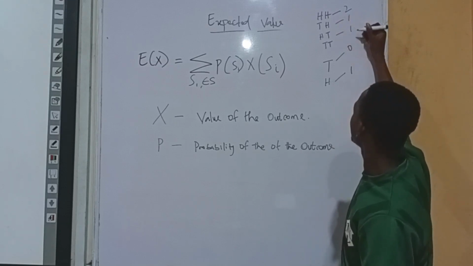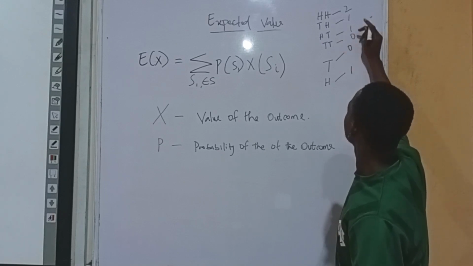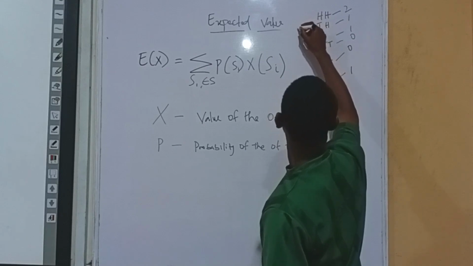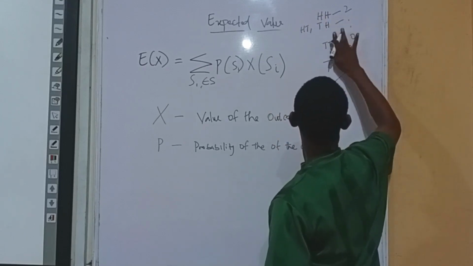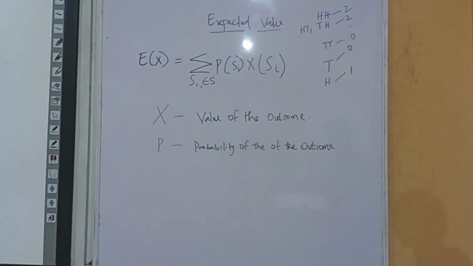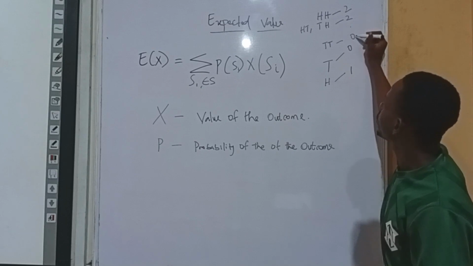Here we also have 1. Where here we have 0. So this one and this one can be written together as head tail, making this one equal to 2. So it's going to be 2, 2, 0.